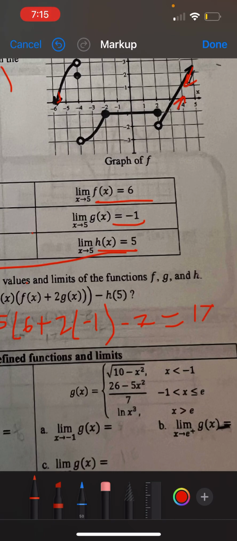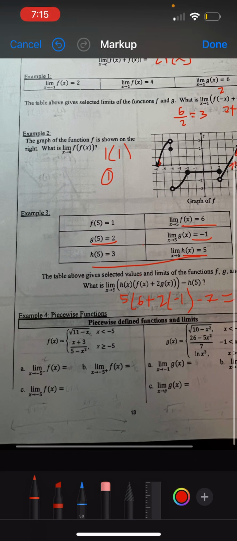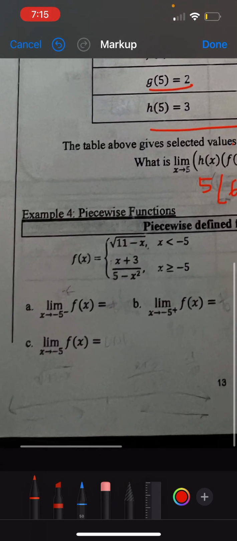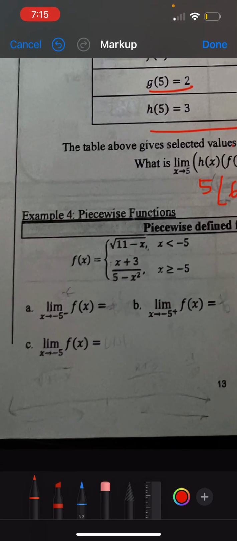Whoops, 17. Right. Okay, so next we have this. These are pretty straightforward. Number line is how we are taught. So the only value we have is negative 5, so we're just going to put that in the middle. Negative 5.